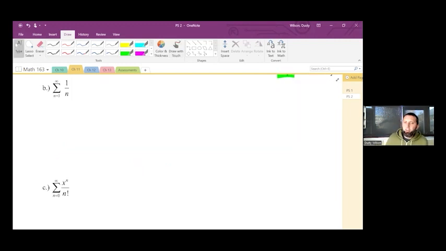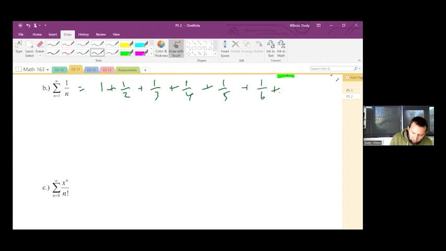Let's do the same thing with the harmonic series. Notice this is equal to 1 plus a half, plus a third, plus a fourth, plus a fifth, plus a sixth, et cetera.